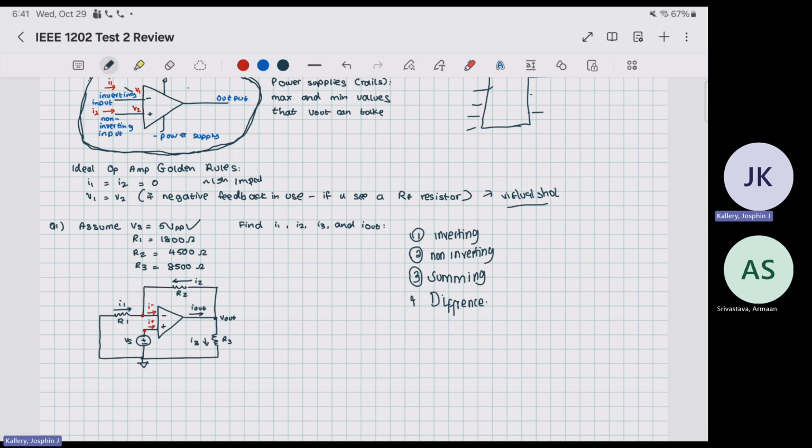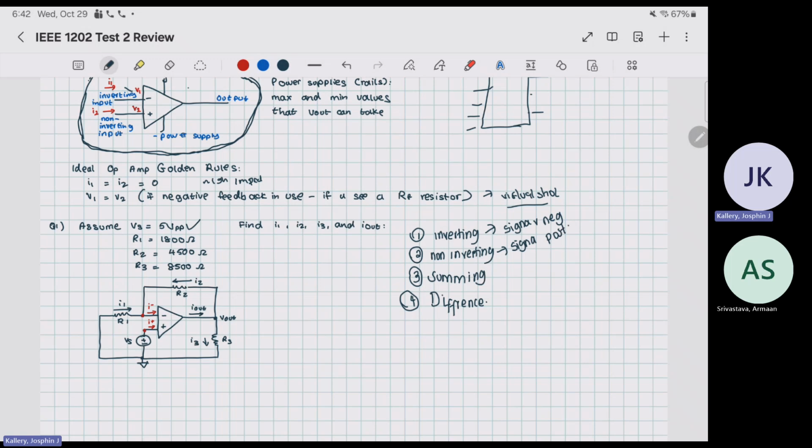Those are the ones you're going to be learning right now in 1202. Inverting just means that we provide a voltage signal to the negative input, and for non-inverting, we provide the signal to the positive input.